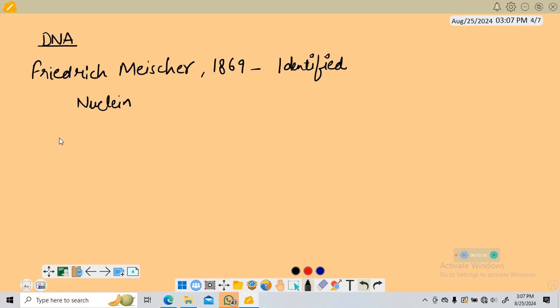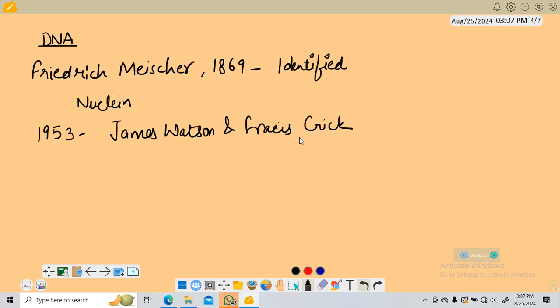So in 1953, James Watson and Francis Crick proposed the double helix model for the structure. In short, we remember them as Watson and Crick.